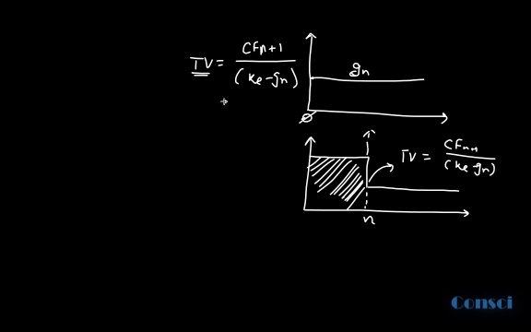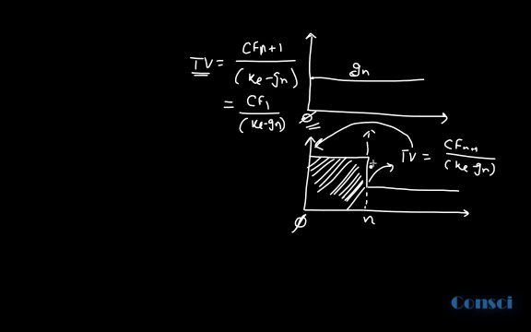In the earlier case, the equation becomes cash flow 1 divided by KE minus GN, given that we are getting this terminal value at the 0th year. Now after you get this terminal value at the nth year, you need to discount this value further to the 0th year to ensure that you are getting the value at the 0th time period.